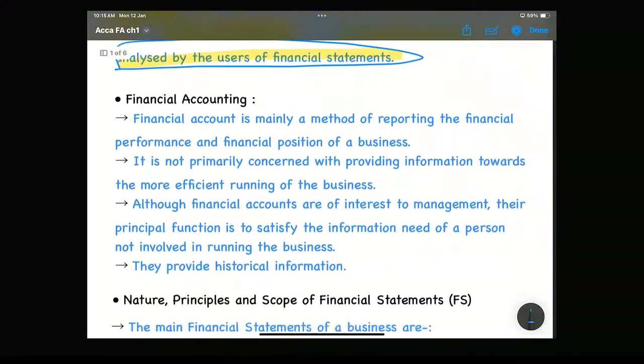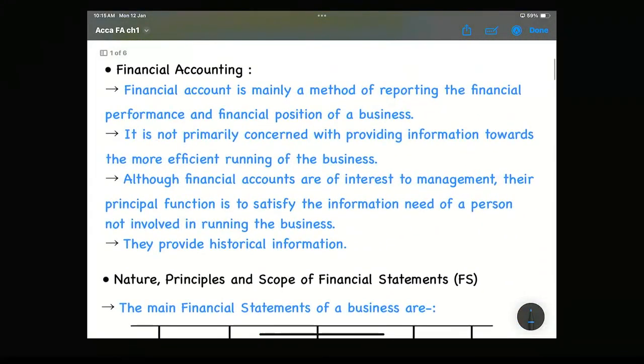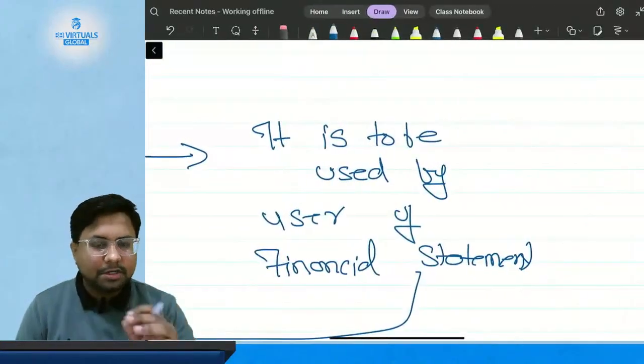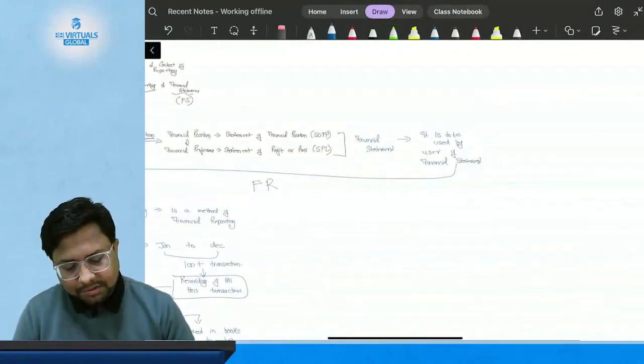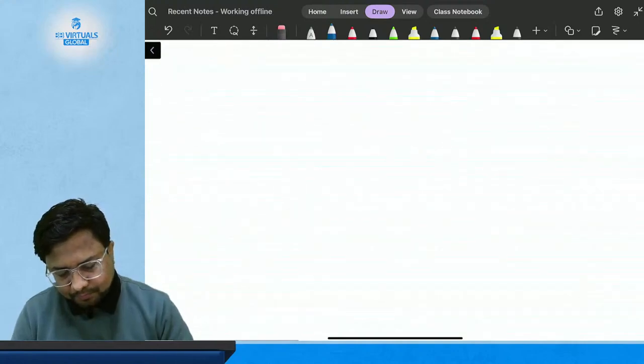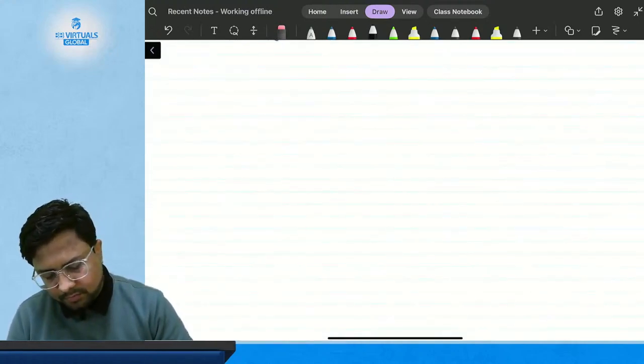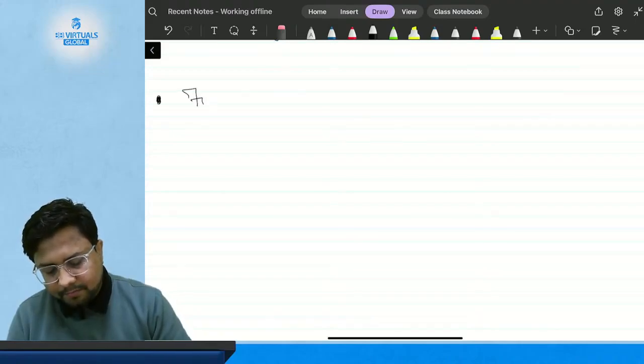Now let's come towards the second meaning, that is financial accounting. So now let's understand what financial accounting is.